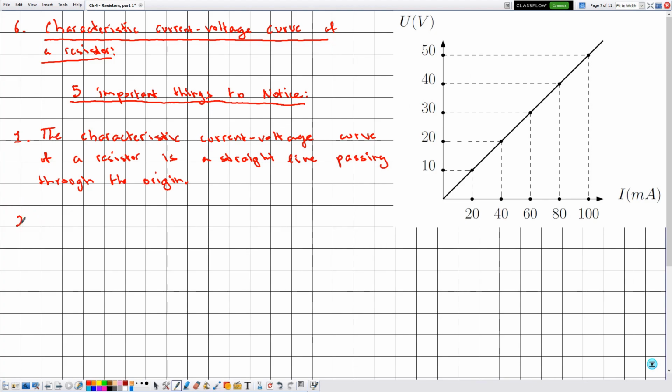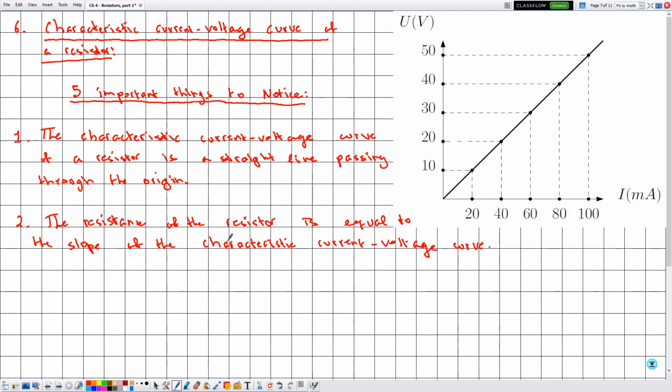Now idea number 2 is that the resistance of the resistor is equal to the slope of the characteristic current voltage curve.